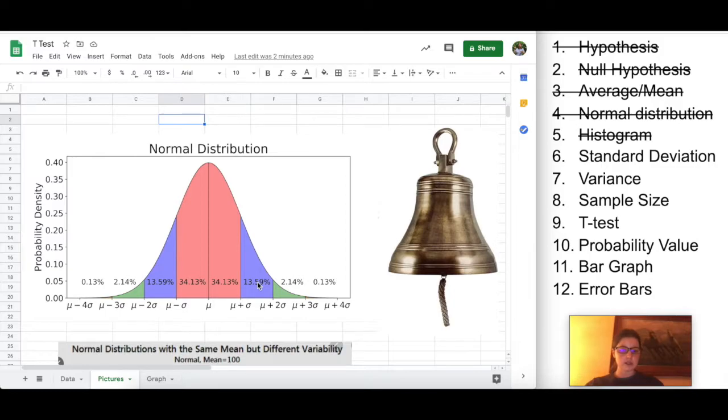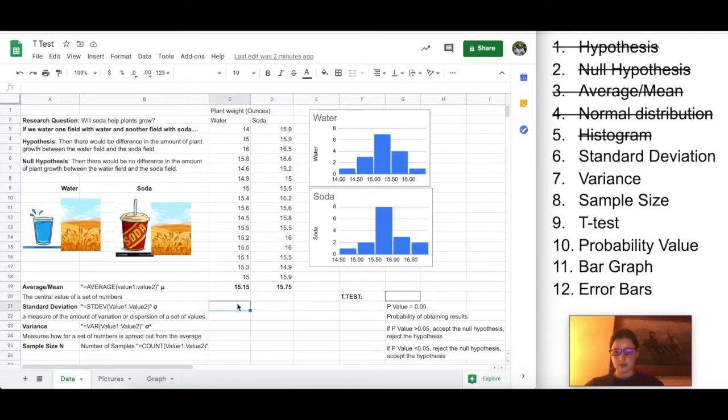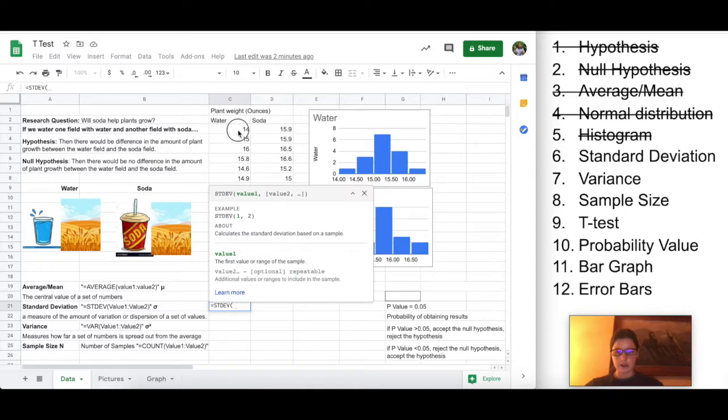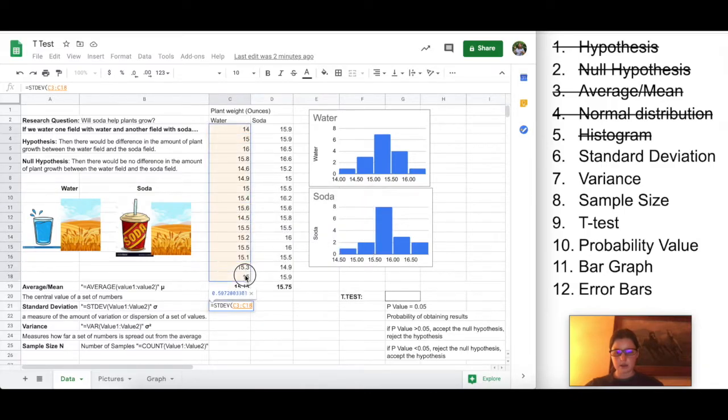Now we're going to use this for making the bar graph. But in order to calculate standard deviation, what you do is you do equals STDEV, or this value here, and then you highlight the values that you want to find the standard deviation for, and you hit enter.